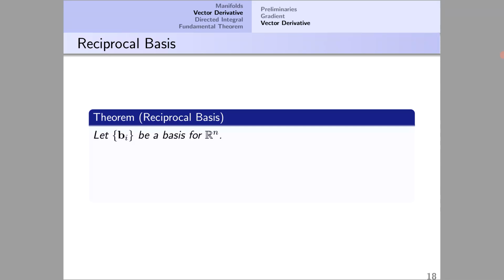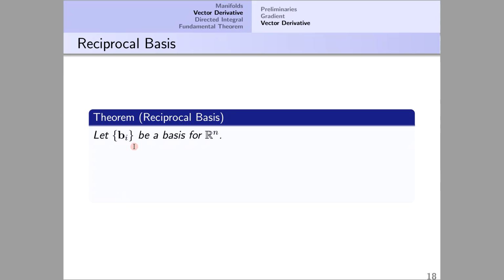We can now return from our detour in discussing the gradient to take up the vector derivative. We need a couple of concepts, the first of which is a reciprocal basis.